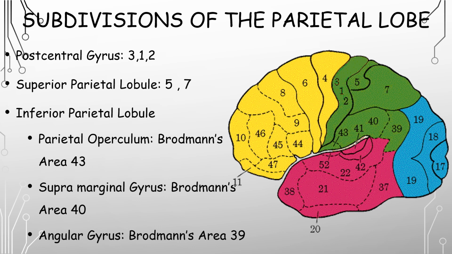Then the inferior parietal lobe has areas 43, 40 and 39. Area 39 is the angular gyrus, which is an important speech area. Area 40 is the supramarginal gyrus, and area 43 is the parietal operculum.